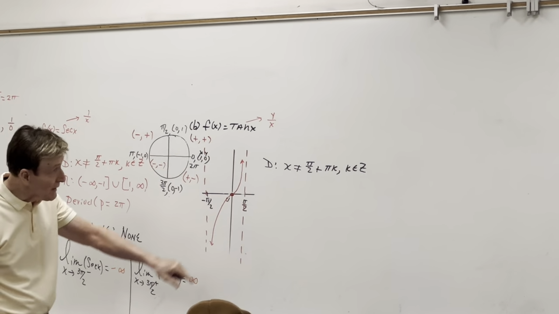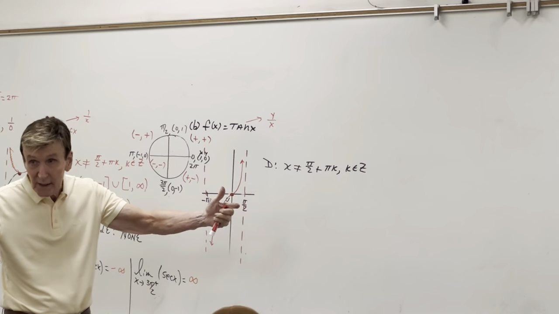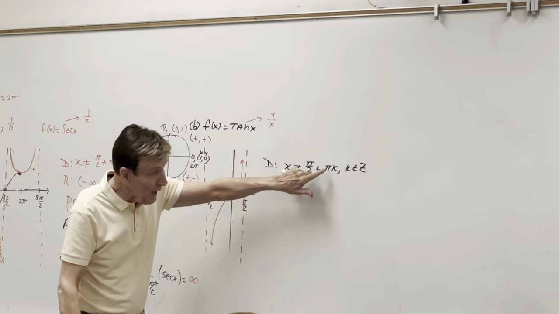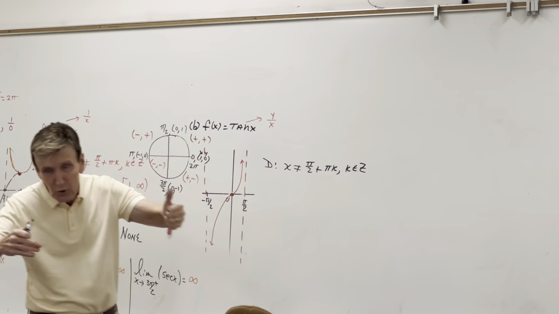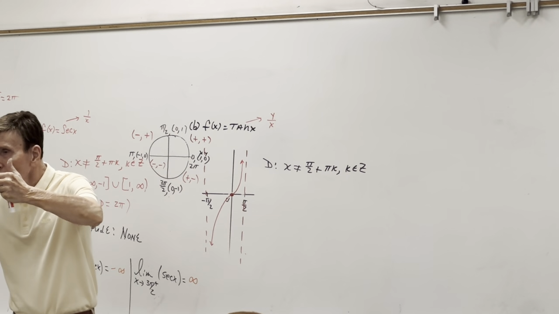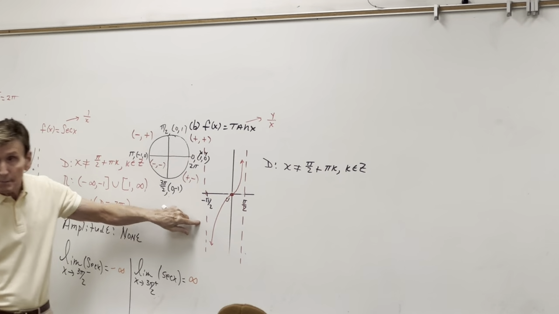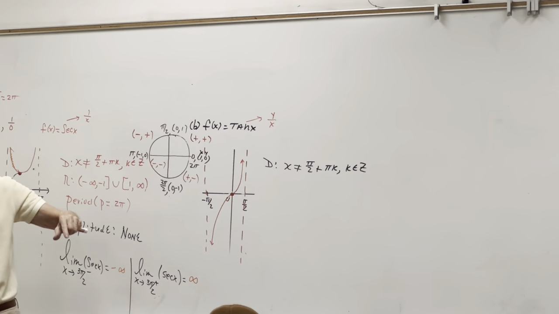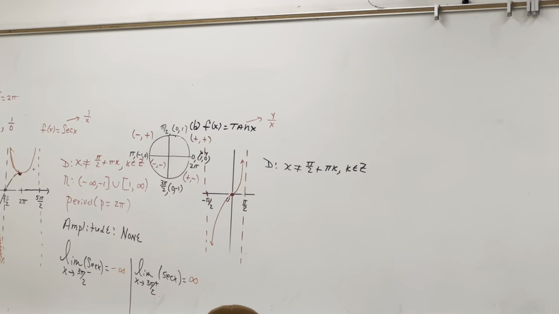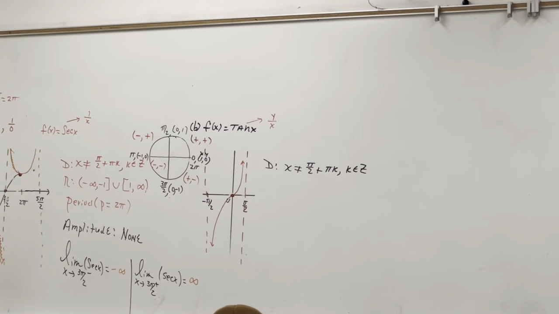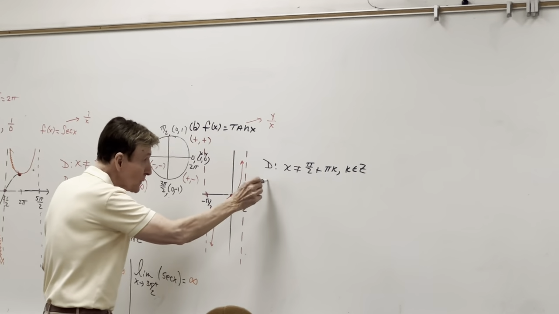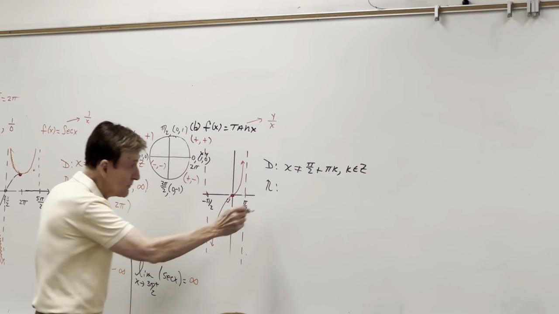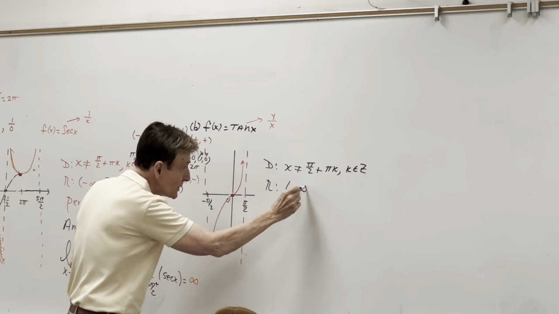If I put a negative 1 in there, which I can, because negative 1 is an integer, no fractions, no decimals, I get negative pi. Now what's pi over 2 plus a negative pi? Negative pi over 2, an asymptote. So that little formula he gave me earlier, thank you so much, is also what it looks like for tangent. Domain, range: we looked out here for range, the up and down. It's negative infinity to positive infinity.